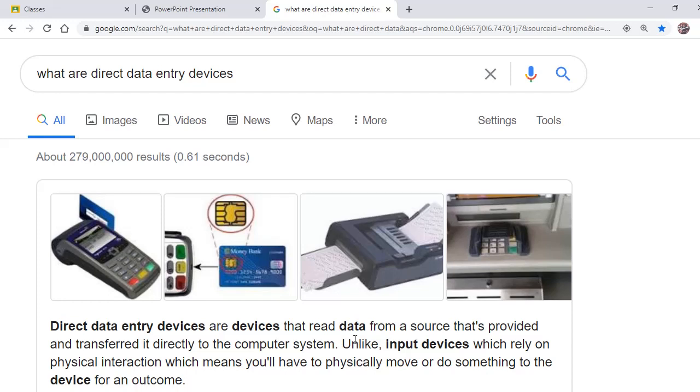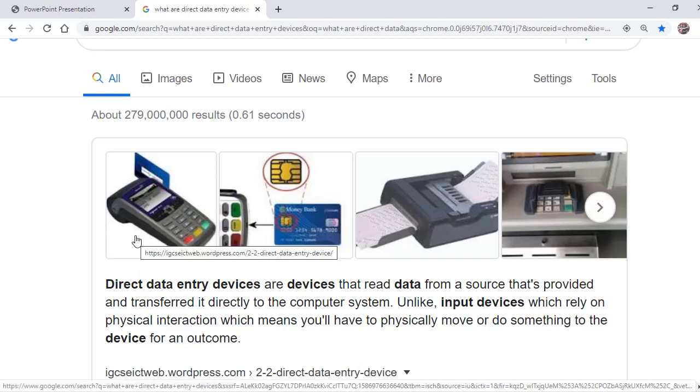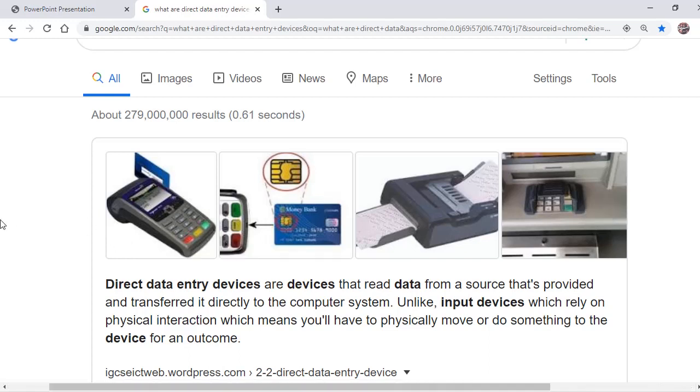Okay, we're having two types of input devices, the normal input devices and the direct data entry devices. While using direct data entry devices, there is no need for physical interaction from the user or physical movement or doing anything with the device. For example, if we're using a magnetic strip reader, as we're having here, with a Visa card, with an ATM card, the reader will read the information on the card directly.